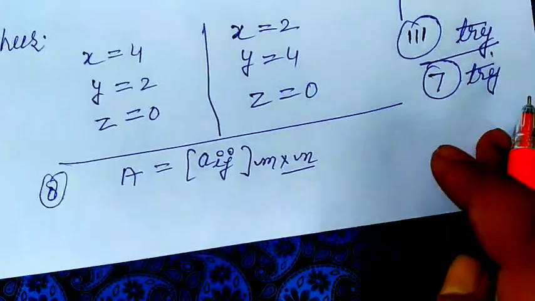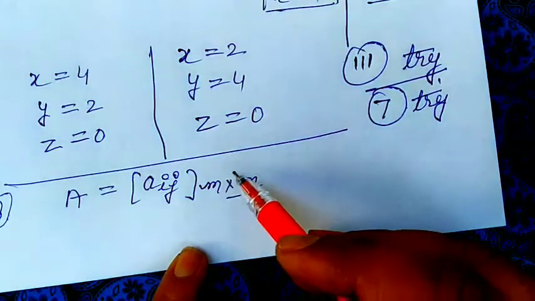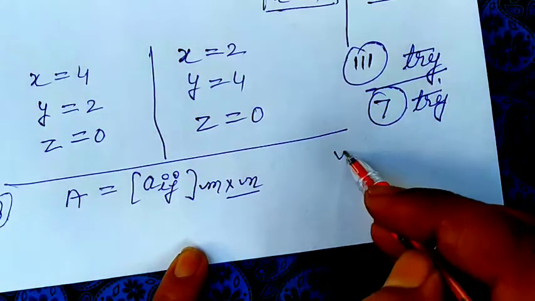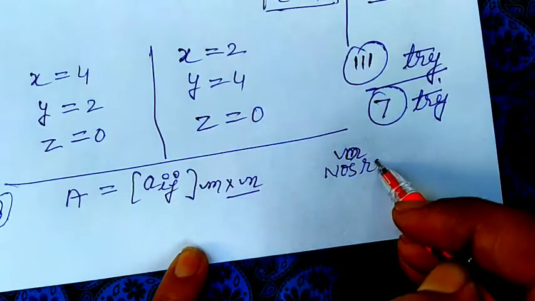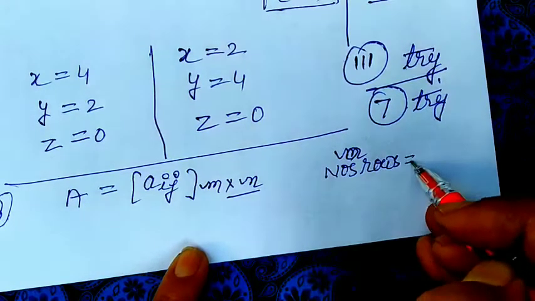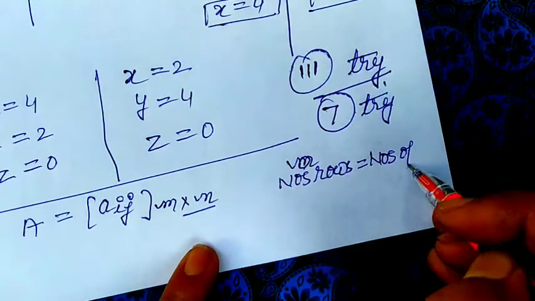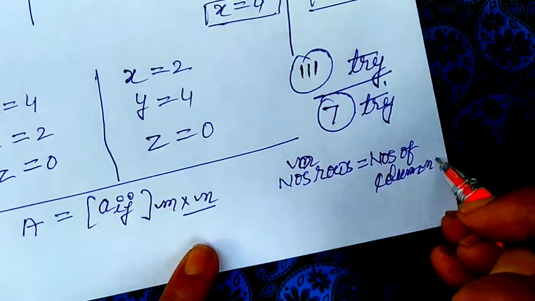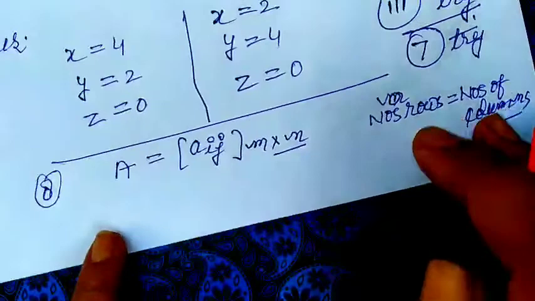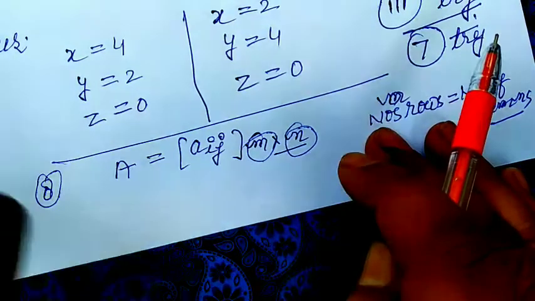If it is a square matrix, we know very well the condition of a square matrix. The number of rows must be equal to the number of columns. It is the definition of a square matrix. So M denotes the number of rows and N denotes the number of columns.